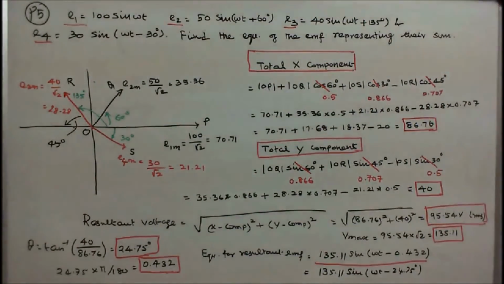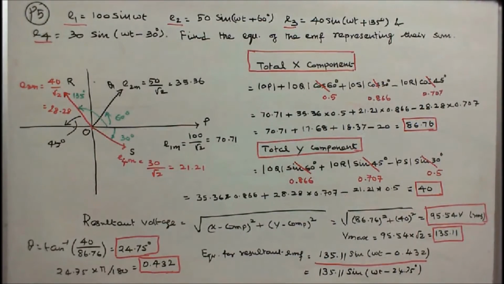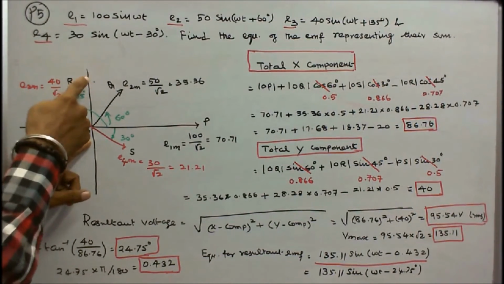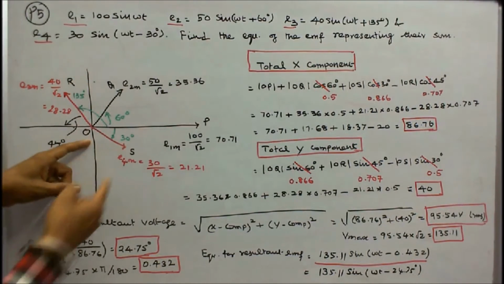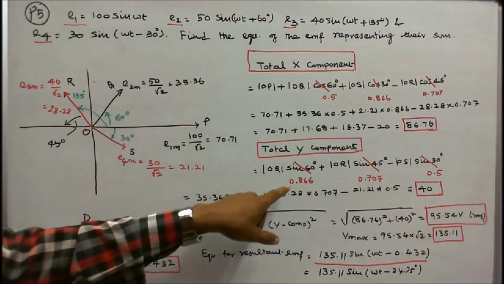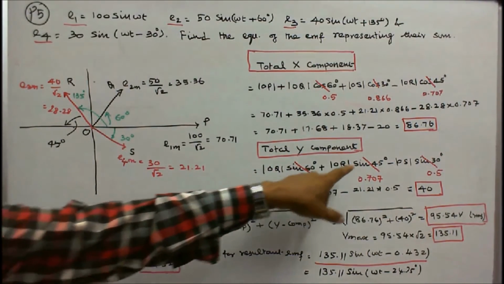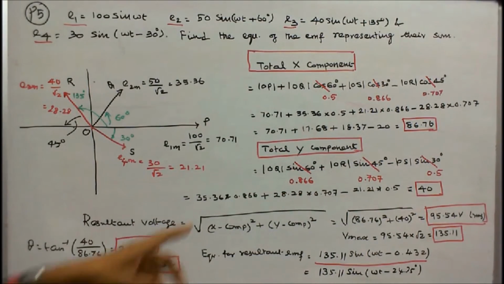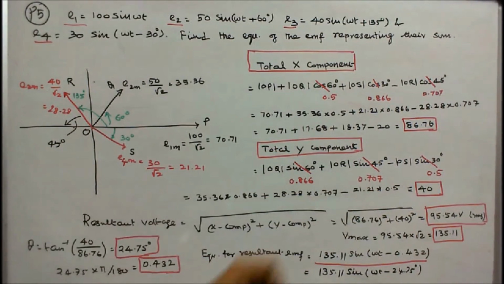The next is total Y component. Here, OQ sin 60 plus OR sin 45 minus OS sin 30. Here, sin 60 is equal to 0.866, sin 45 is equal to 0.707, sin 30 is equal to 0.5. Total Y component is equal to 40.